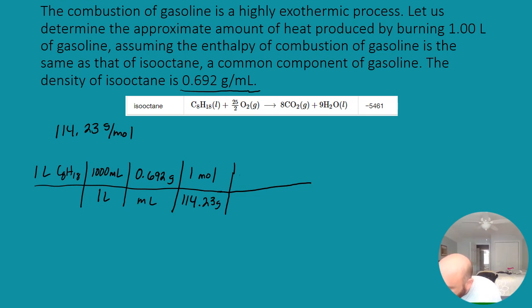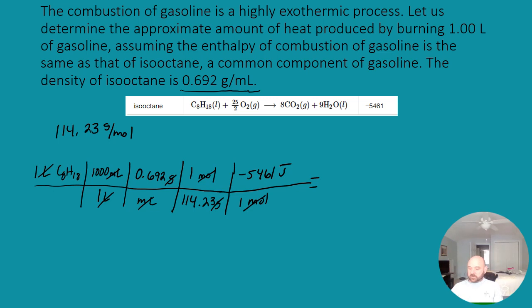There are negative 5,461 joules of energy released when 1 mole of isooctane is combusted, and that will cancel the moles. We can cancel the grams, cancel the milliliters, cancel the liters. And we're left with joules of energy produced by our reaction, which is what we want our answer to be in.